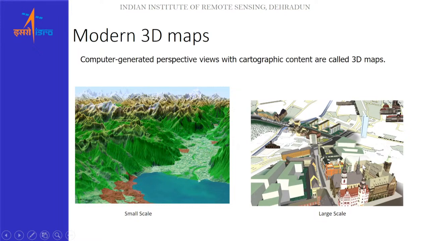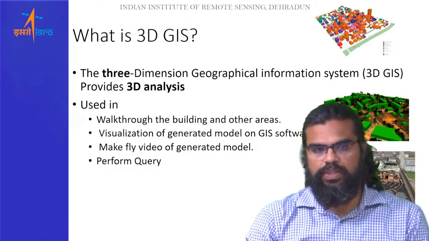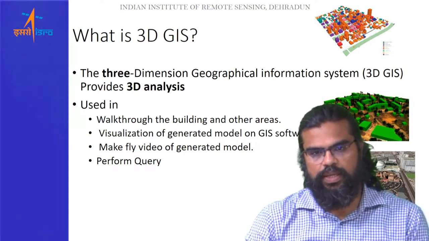These two are examples of modern-day 3D maps, and they have a variety of applications. You might have come across 3D maps used in different navigation systems like Google navigation systems and so on.